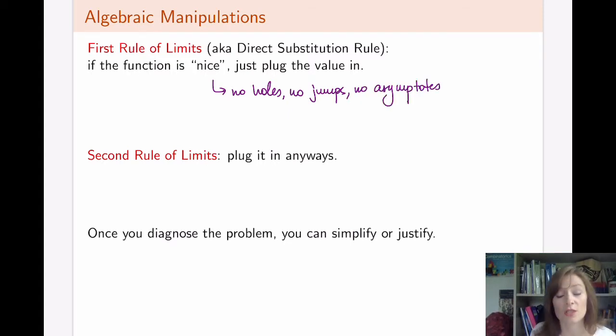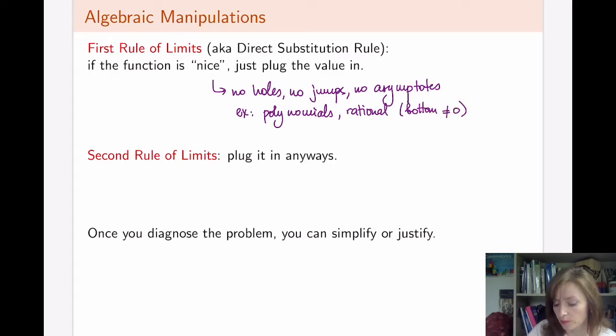So most of the functions that we will work with are generally nice except for at certain points. So for example, polynomials are always nice functions, right? They never have holes or asymptotes. Rational functions are mostly nice except for at the asymptote. So rational functions, except for when the bottom, the denominator, is equal to 0.